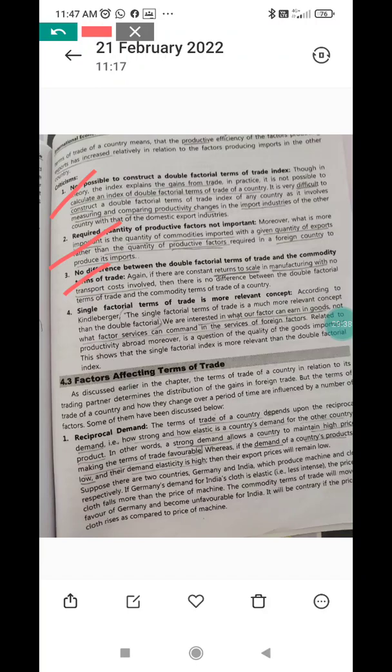There were the following productive resources: the terms of trade that relate to the interchange between the productive resources, we have talked about the single factorial term of trade and double factorial term of trade. Okay. So today we will complete this video, and in the next video we will talk about factors affecting terms of trade and causes of unfavorable terms of trade for developing countries.